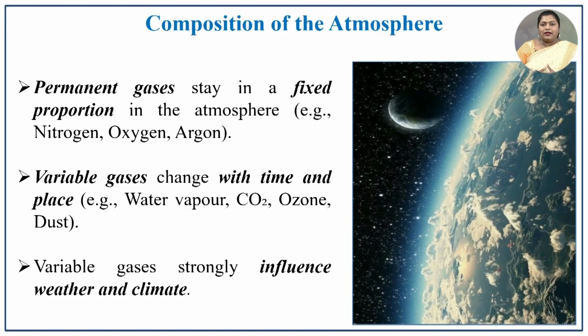The next one is variable gases. Variable gases are the gases which change with time and place. They are water vapor, carbon dioxide, ozone and dust particles. These variable gases strongly influence the weather and climate, most of all in the changing pattern of weather and climate.